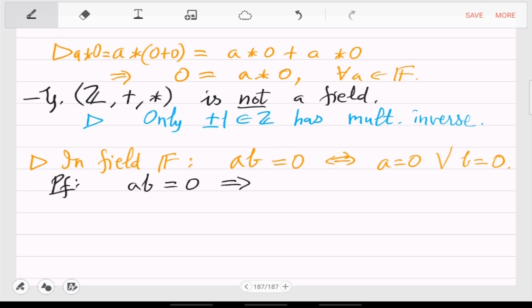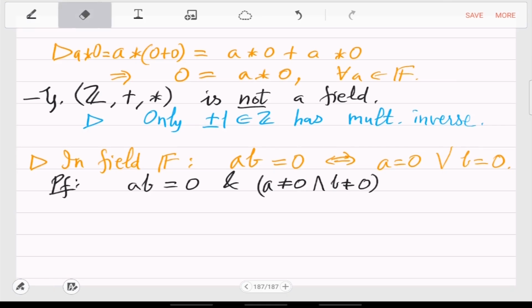Exactly. So if AB is 0 and A is not 0, B is not 0, let's assume all these three things for the sake of contradiction.